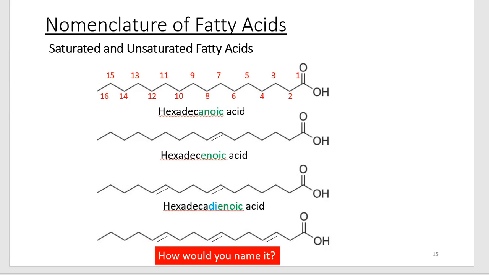So we named this in the previous slide hexadecanoic acid. So what happens if we have one double bond? Like this figure.